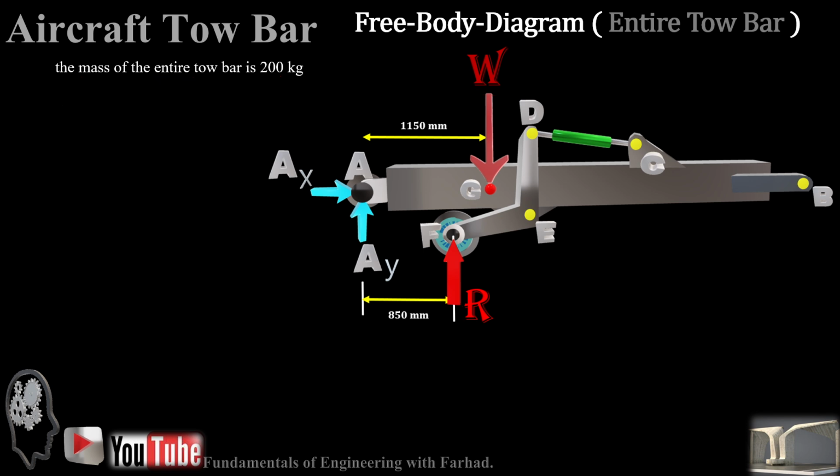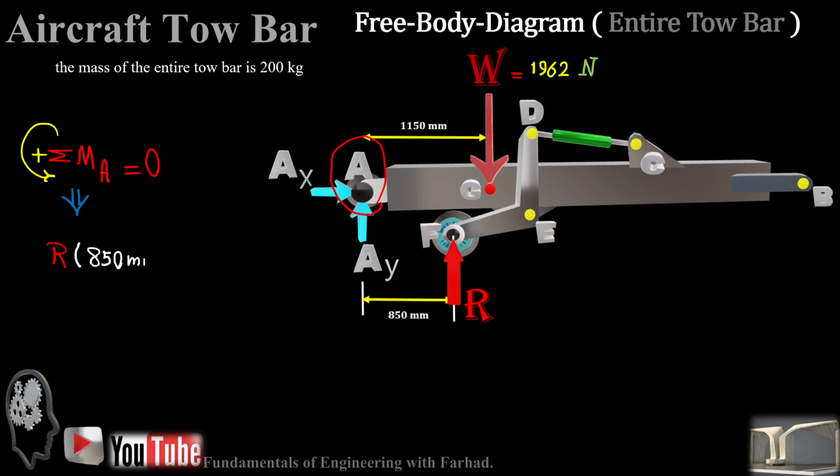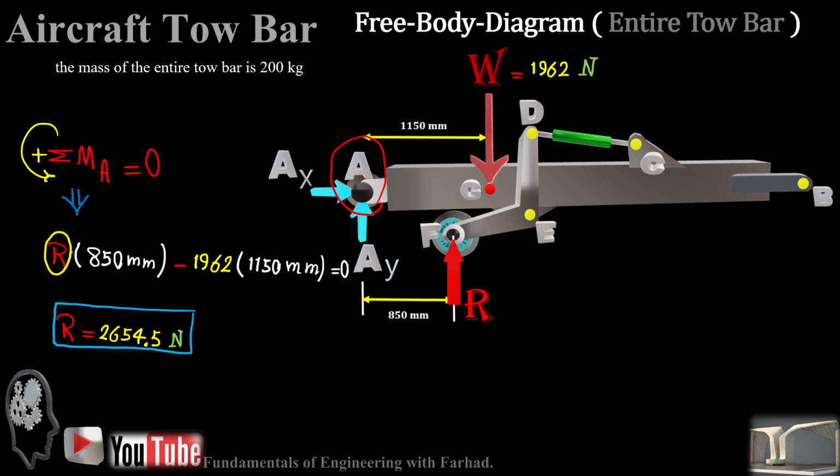To do the math, you can easily jot down the forces times their distances. Summation of moment about A in a counterclockwise situation goes zero, so we have R times 850, minus W, which we already know, 1962, times the distance from A, which is 1150 millimeters.